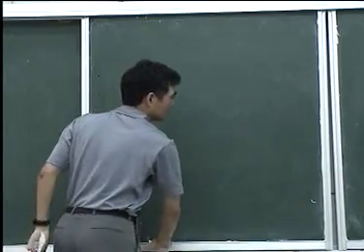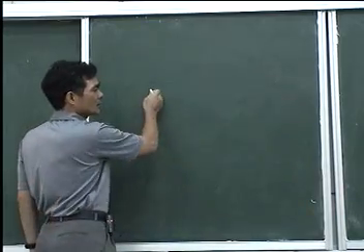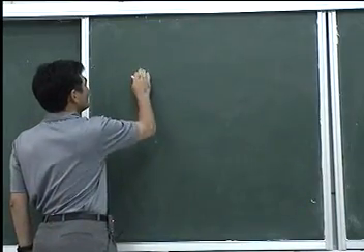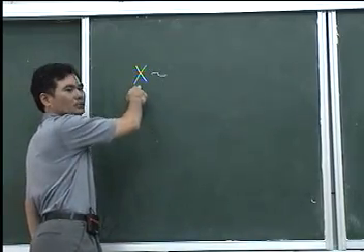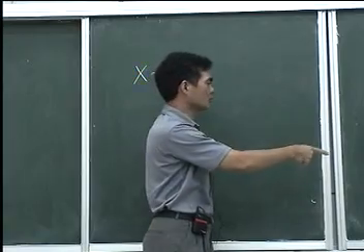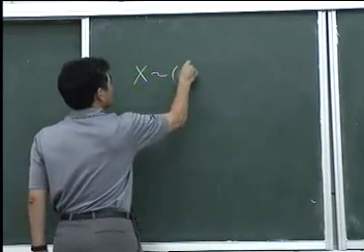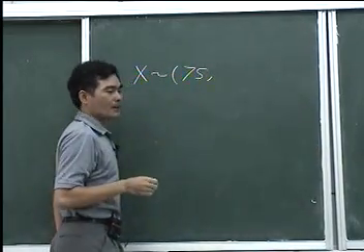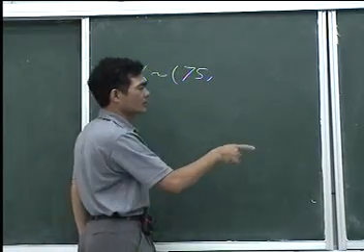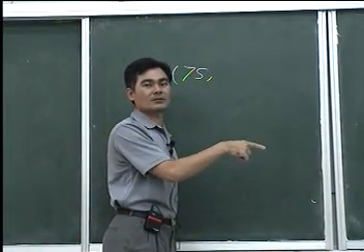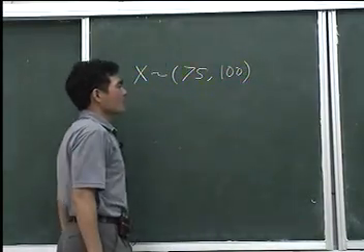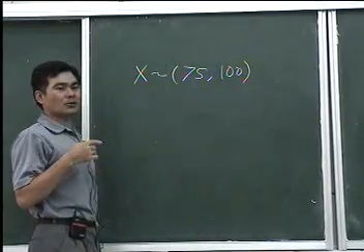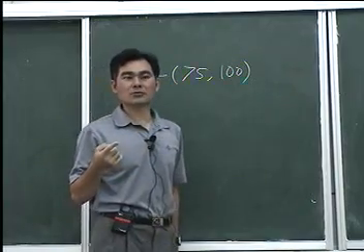So let us say the average is 75, right? This is the original distribution for one of the Germans. The average is 75, and the standard deviation is 10, so the variance is equal to 100, okay? Now we are talking about 15 people, not just one person.